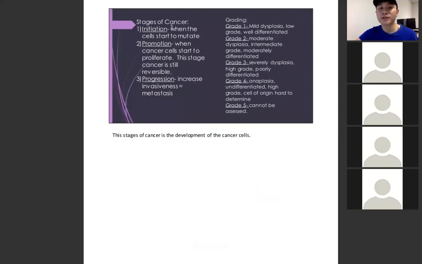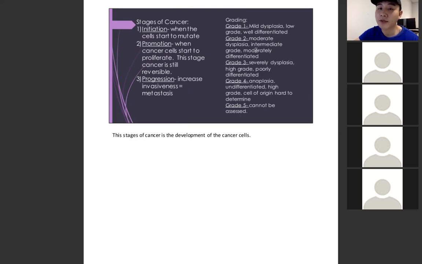So stages of cancer include initiation, when the cells start to mutate; promotion, when the cancer cells start to proliferate. At this stage, cancer is still reversible. Progression is increased invasiveness and beginning to metastasize. The grading: grade 1 is mild dysplasia, low grade, well differentiated.